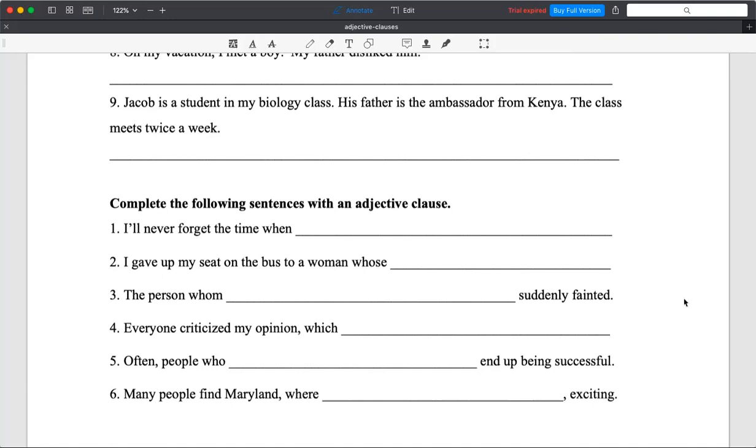I want you to complete the sentences with an adjective clause, number 1 to number 6. You can choose 3 of them, or you can do all of them if you want to practice more.